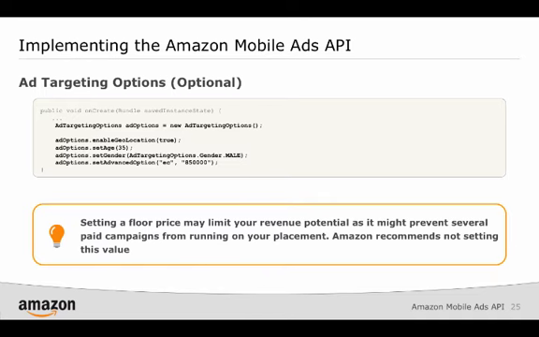To set this advanced option, use setAdvancedOption and send it a string key value pair of floorPrice and the eCPM in microdollars that you want to target. The code shown on the screen will only allow ads to be returned if they have a CPM of 85 cents or greater.